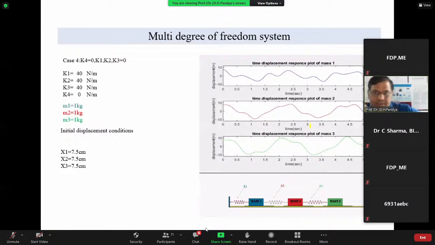Just ask yourself, I don't require an answer. Let's say your vehicle is running smoothly in the first gear up to 20 kilometers per hour. When you change to the second gear, what will happen?